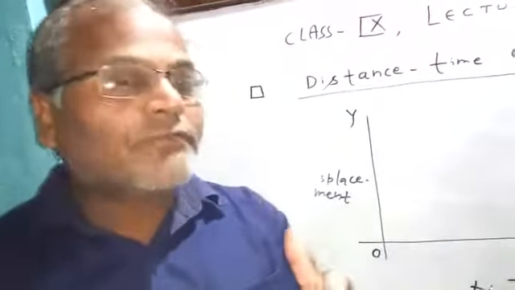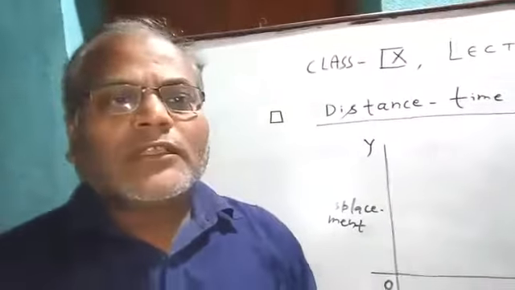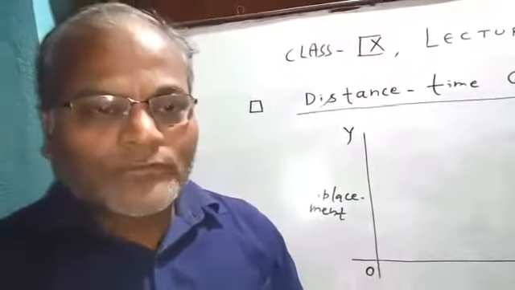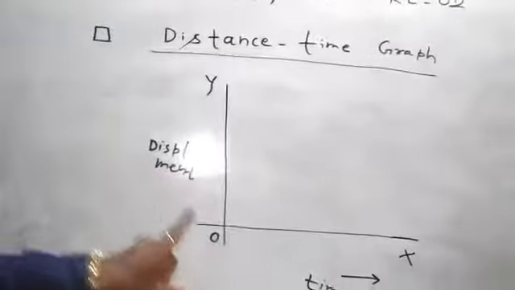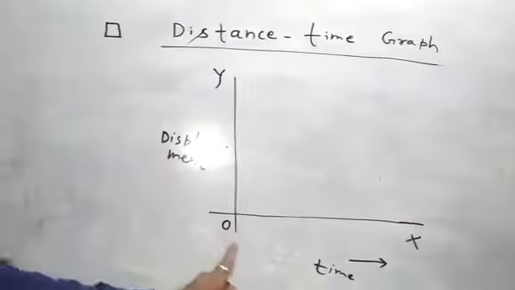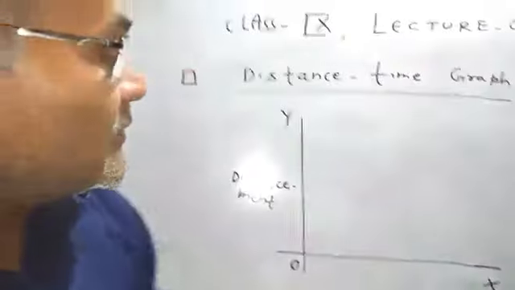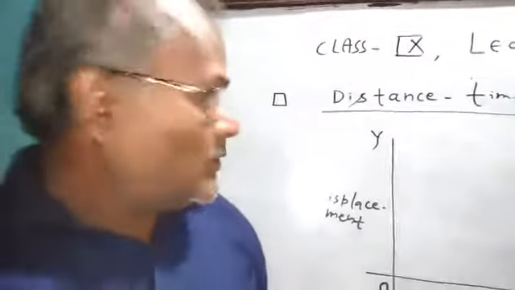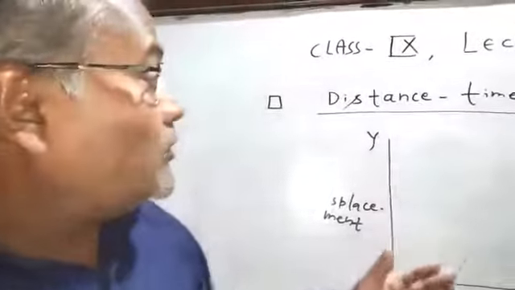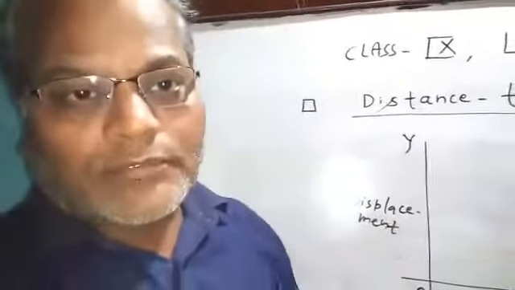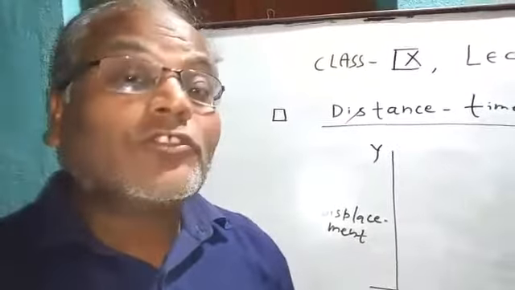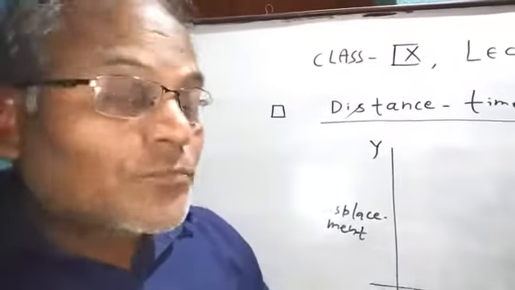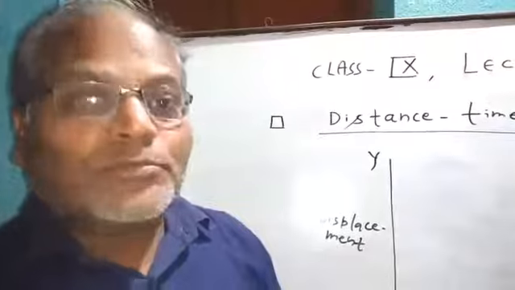The magnitude of velocity of any body is always the speed of the body. Since displacement is plotted along the y-axis and time along the x-axis, the graph obtained is called the displacement time graph. With the help of this graph, we get the velocity of a body, and the magnitude of velocity is called the speed of the body.